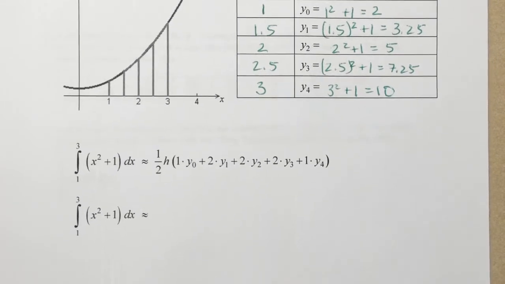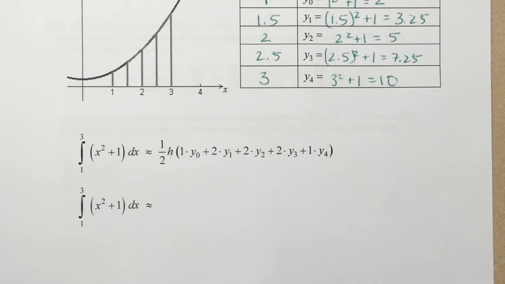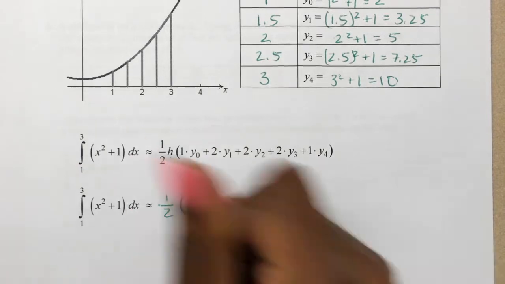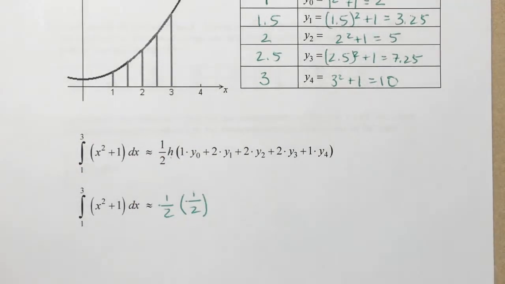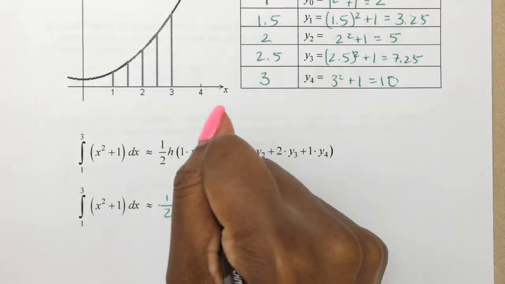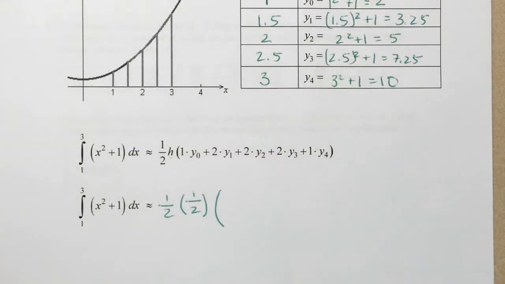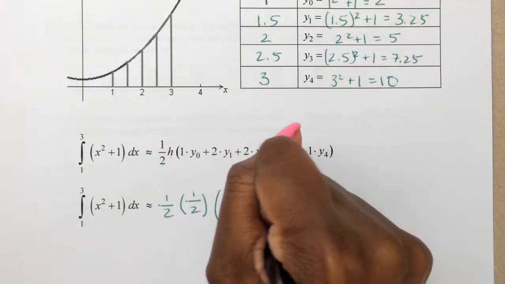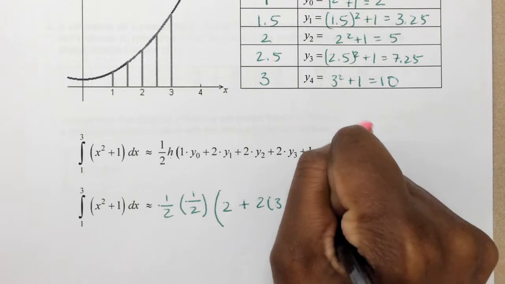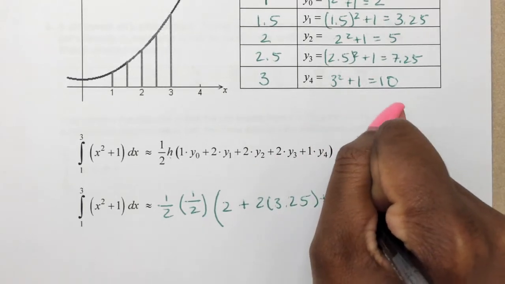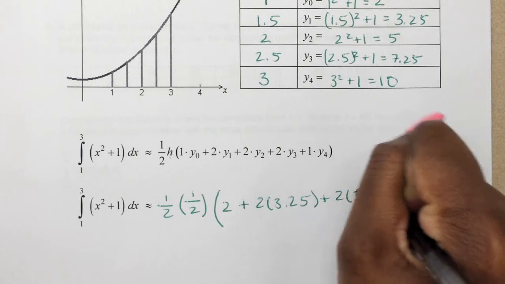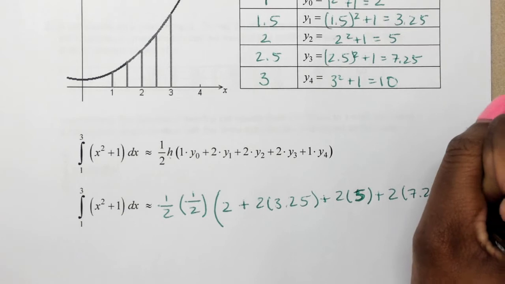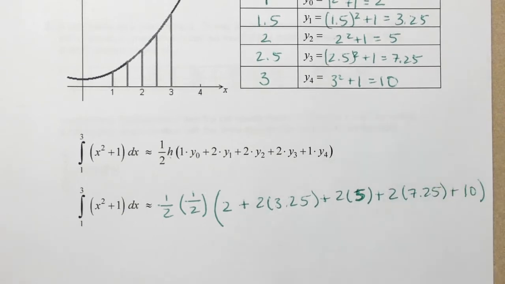Since all of these have the same subinterval length, we can use the trapezoidal rule. So we have 1/2, and our subintervals went by 1/2, times our first y value, which is 2, plus 2 times our second y value, plus 2 times our third y value, 2 times our fourth y value, plus 1 times our last y value.